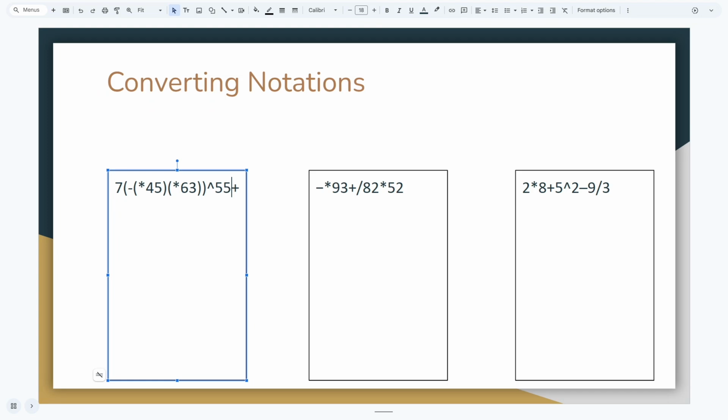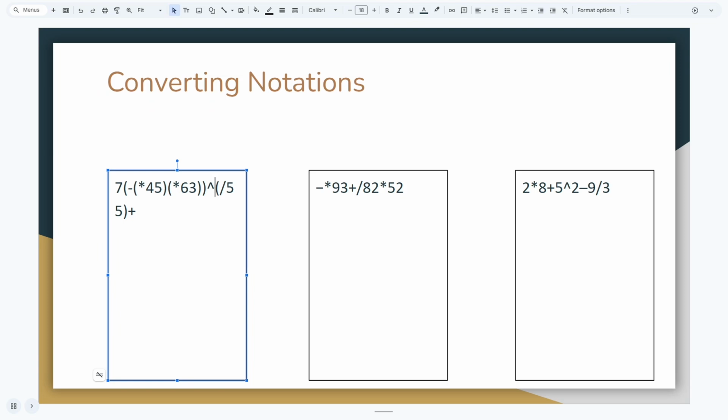We put it in parentheses and add a division symbol before it. And remember, even though this may look like it's in the middle of them, this is a separate operator, it's not actually part of it.